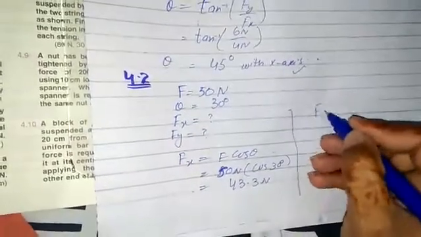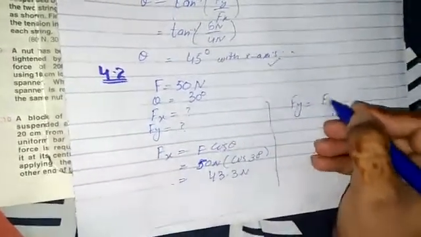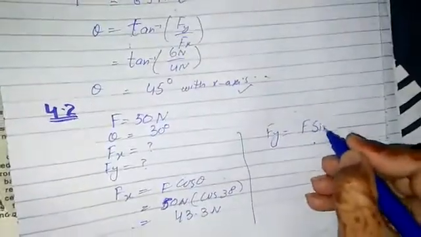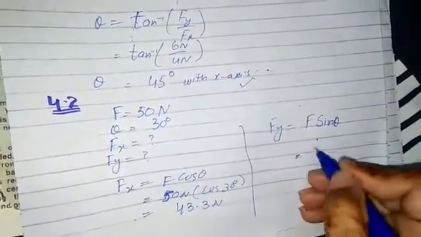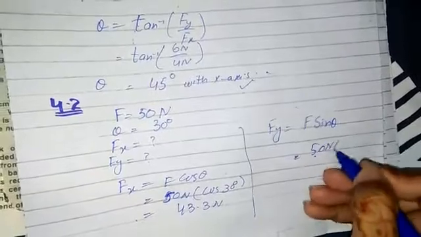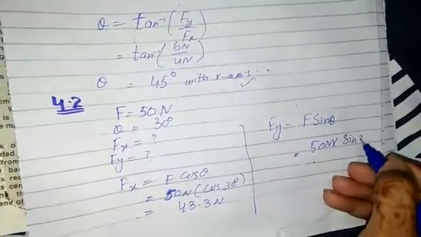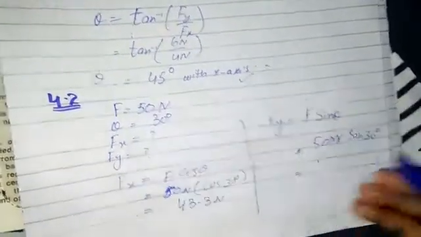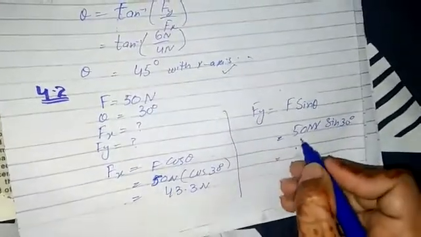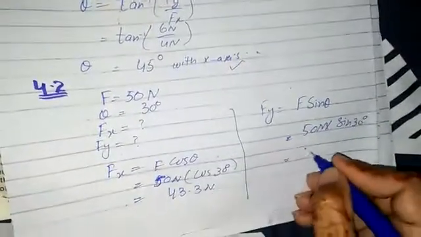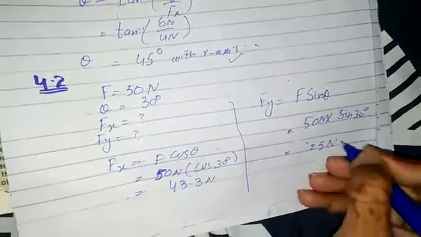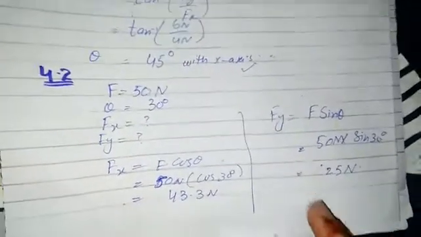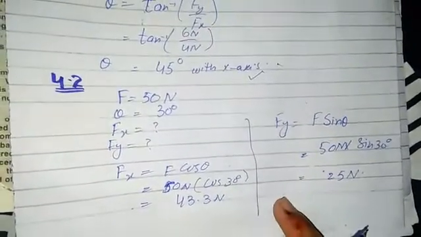Students, next Fy is equal to F sin theta, 50 Newton multiply sin 30 degree. You have to find the sin 30 degree, then multiply by 50, then answer becomes 25 Newton. Students, this is the answer of numerical number 4.2.